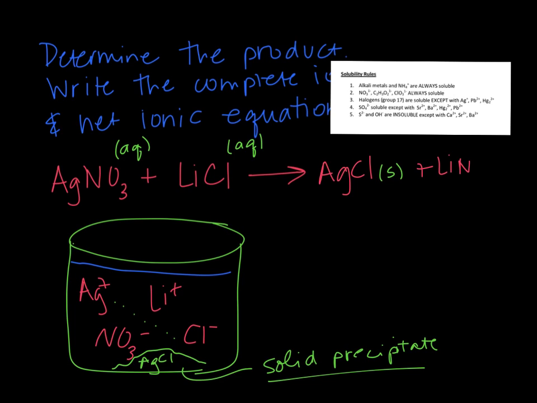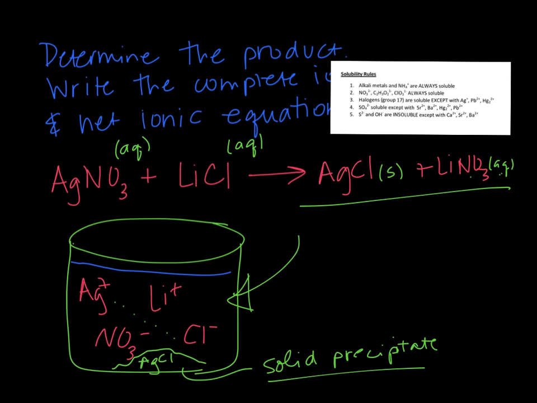And then, of course, we have lithium nitrate left over. So we put those two things together, and we show that that's in water as well. And so what we would have, with this silver chloride at the bottom, is silver chloride solid sitting at the bottom in a lithium nitrate solution that's in water.